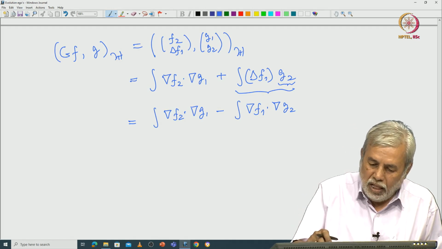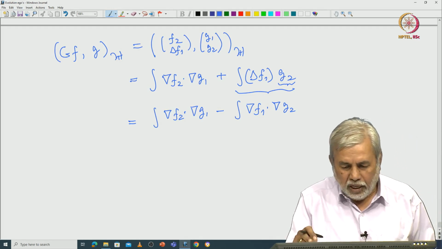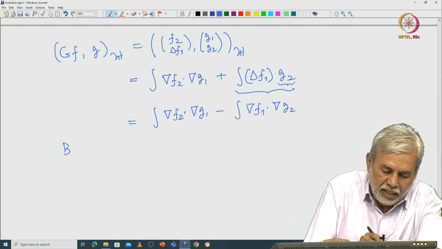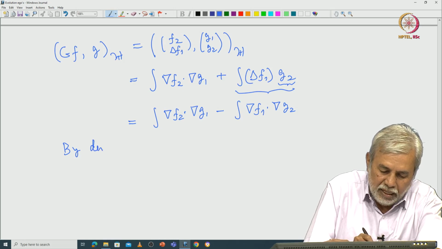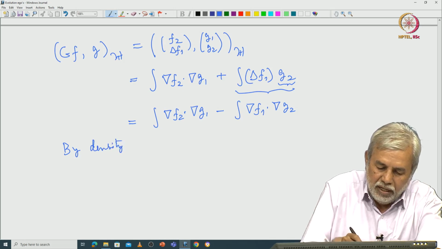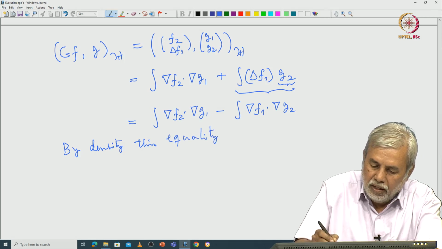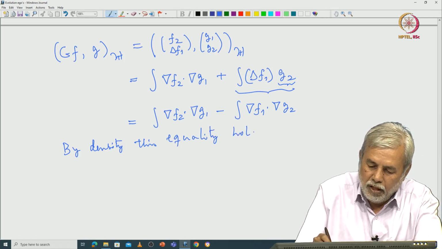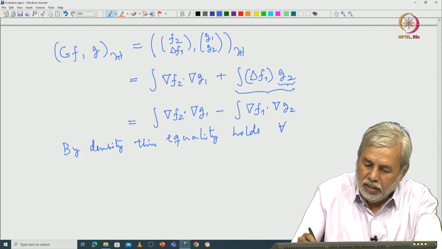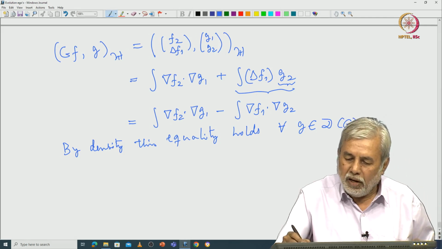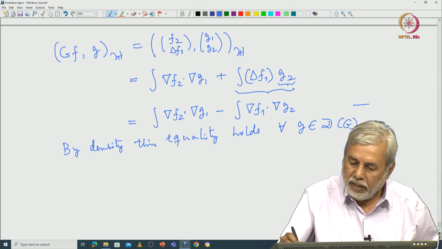So, this holds for all g1, g2 which are in C infinity. Okay. So, by density this equality holds for all g in D(G). Okay. So, let me call this just 1.